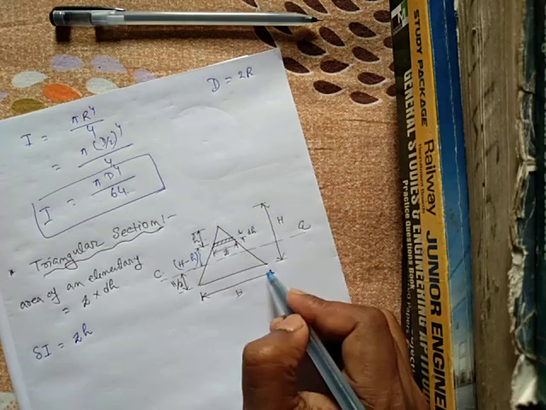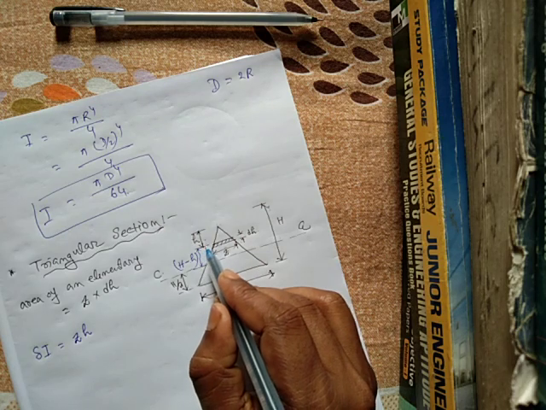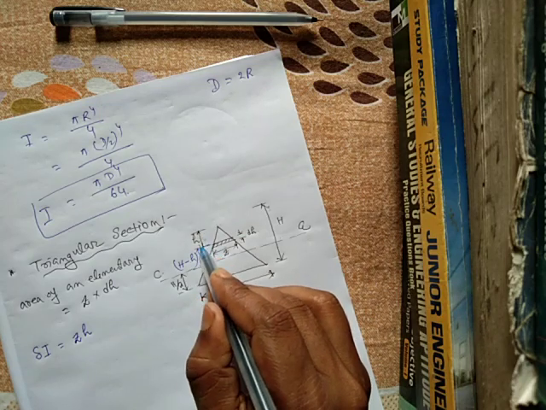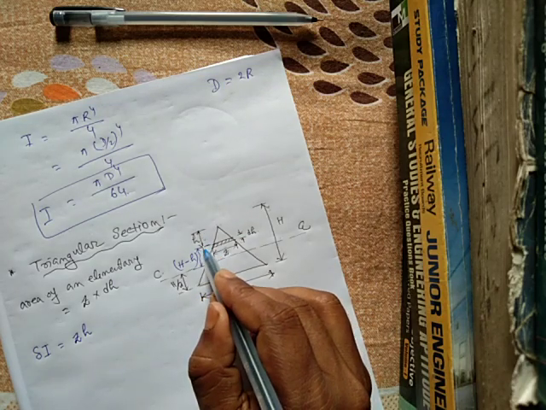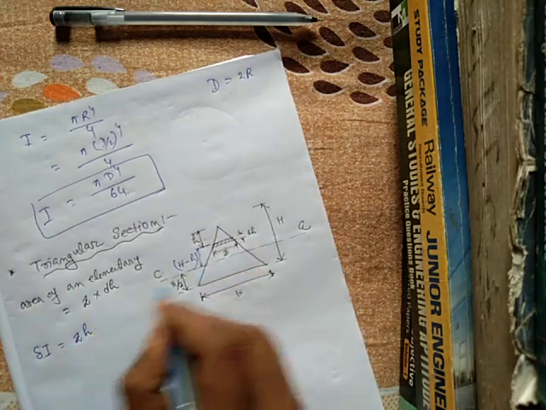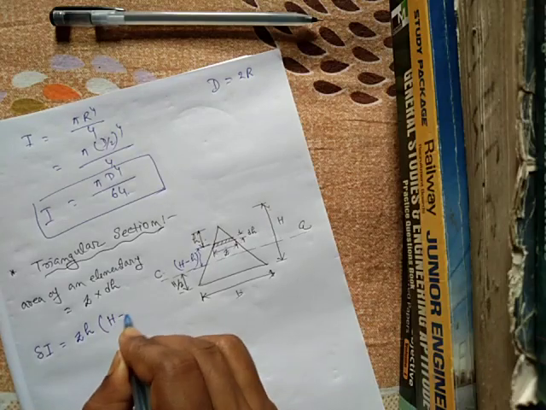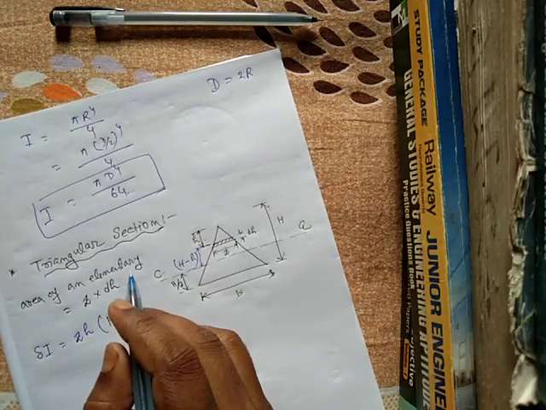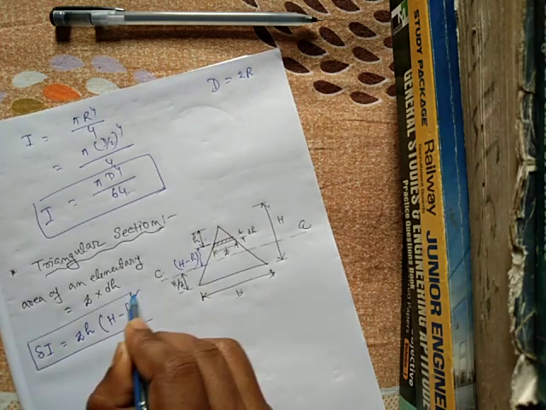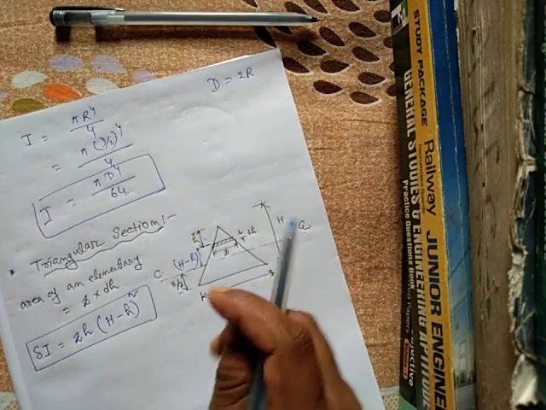The total distance from base to apex is H, and the distance from apex to the elementary strip is h. So the distance from the CG to the elementary strip is (H minus h), and the perpendicular distance squared is (H minus h) whole square. This is the moment of inertia of the small elementary strip.